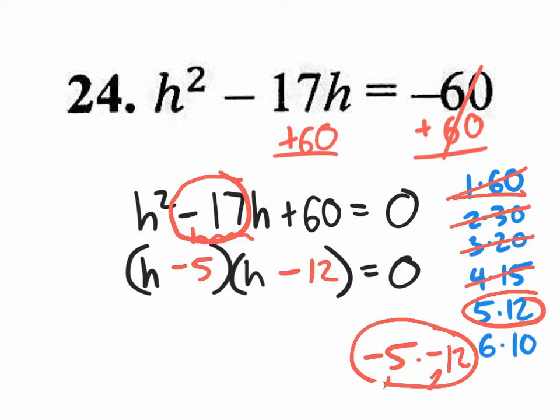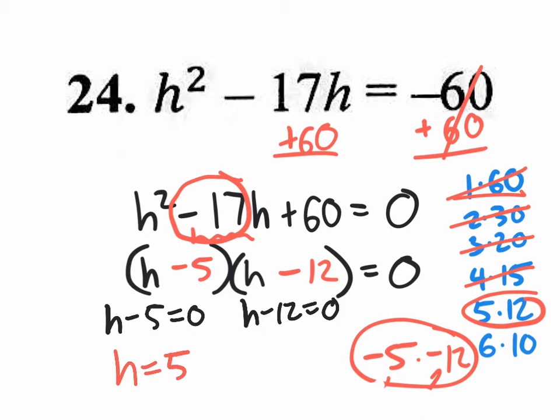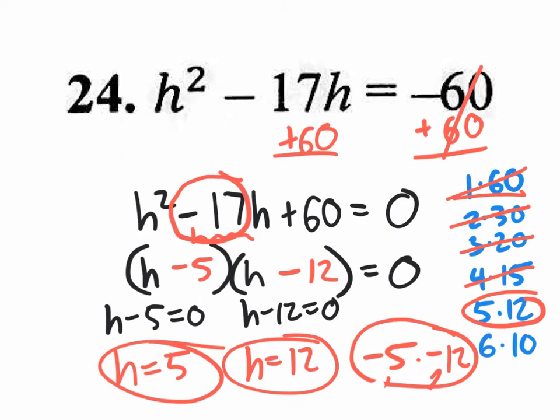So now that I know my factored form, I could now split it and solve. The zero product property allows us to split it, and we're going to have h minus 5 equals 0 and h minus 12 equals 0. So when you solve both, you're going to get h equals positive 5 and h equals positive 12. Those are your two answers when you solve each of those.